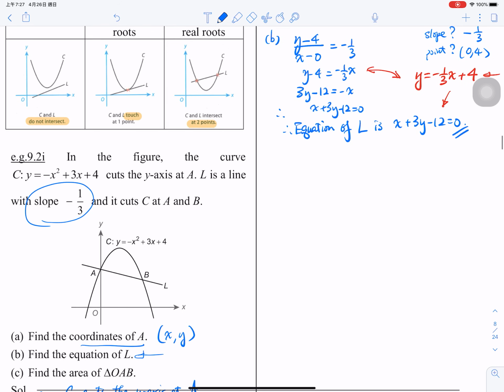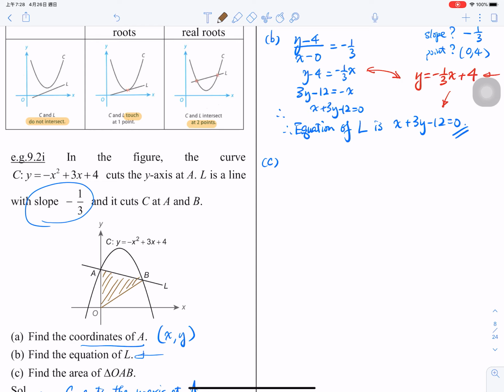Have a look. Part C. Find the area of triangle OAB. Triangle OAB. Let me join OB together. Okay, so you need to find this area.